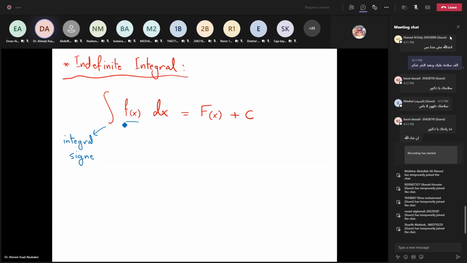What's the meaning of antiderivative? F capital of x must be equal to f of x.